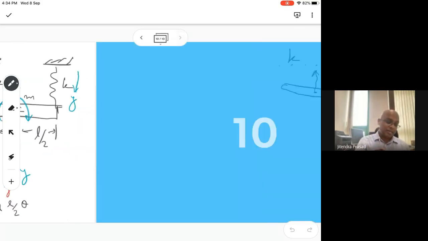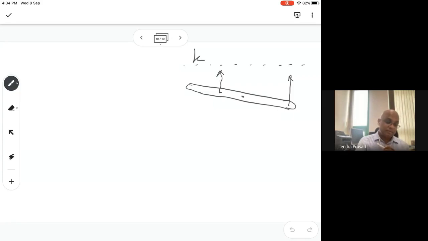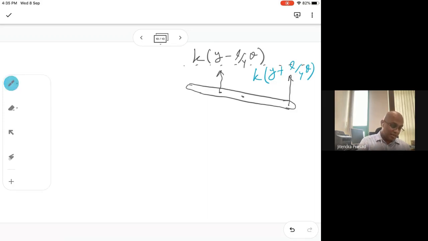So we get K times (y minus L over 4 theta), because it is stretching, and the other one will be K times (y plus L over 4 theta). Why? Because theta is clockwise positive. If you do that, there will be more stretching here than here, because you have rotated this way.